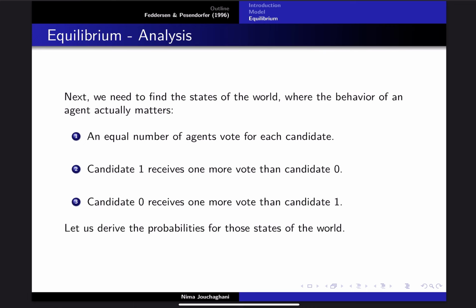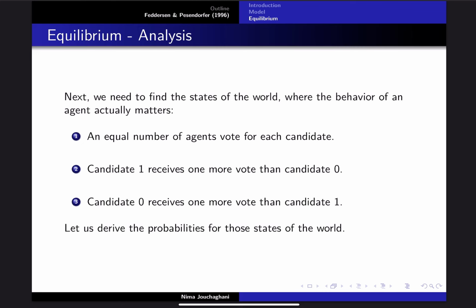And the last point is basically the situation where candidate 0 receives one more vote than candidate 1. Then again, by voting for candidate 1, the agent can make the outcome a 50-50 lottery compared to a situation where candidate 0 would win with certainty.